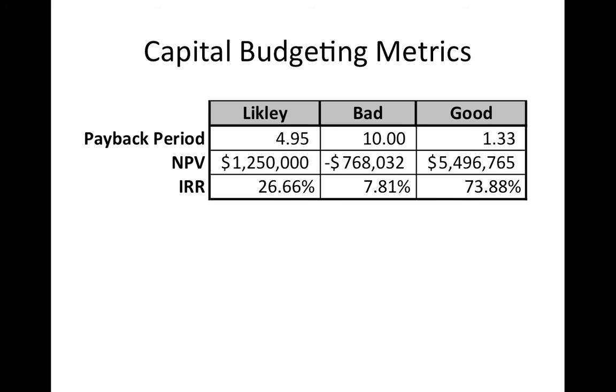But in terms of how strongly we prefer this project, we're a little bit concerned with how bad the bad metrics are. And so potentially, if we had to choose between this and other projects, from a ranking standpoint, we would probably rank projects that don't have as poor of metrics in the bad scenario. We would rank those above this.